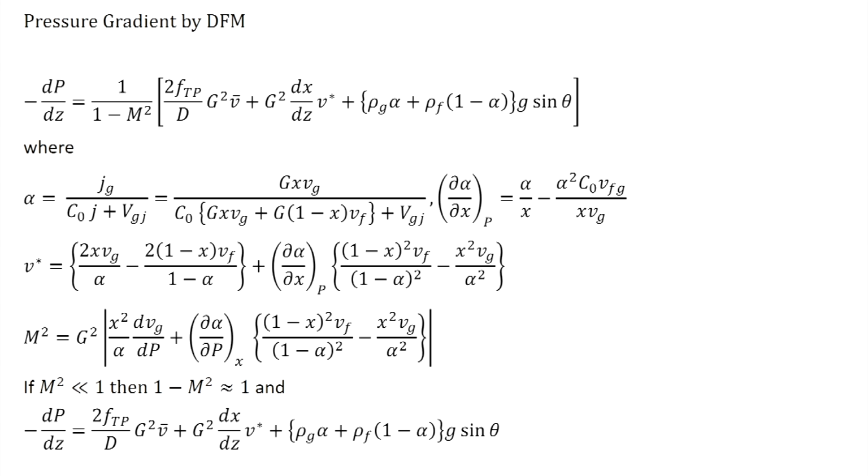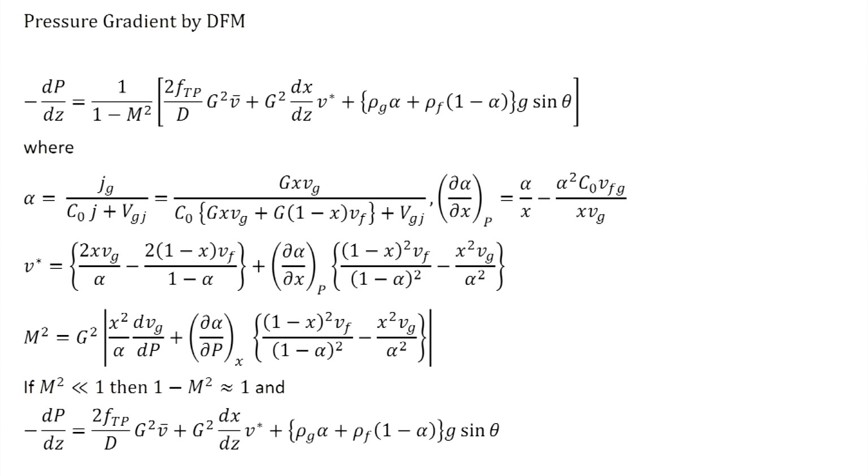V star expression is given here, and the expression of m square is also given here. These are the same as those for the separated flow model, and in case m square is much less than 1, we can neglect it and we can take 1 minus m square is approximately equal to 1.